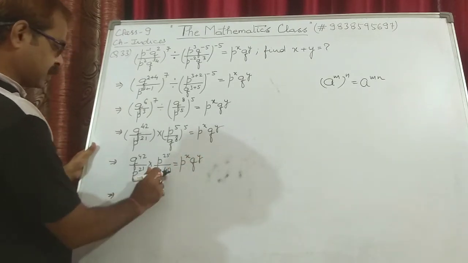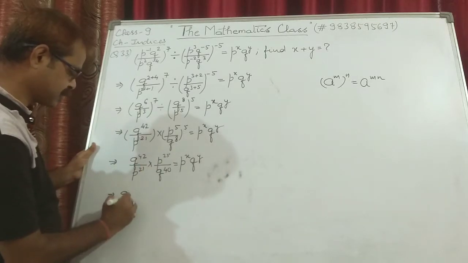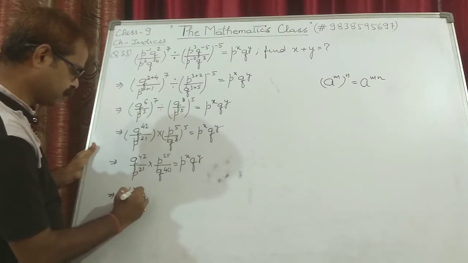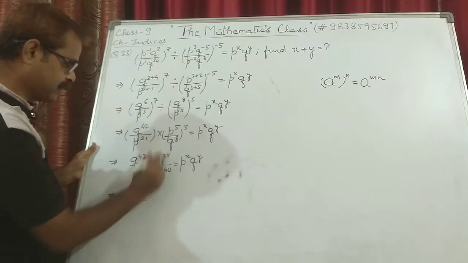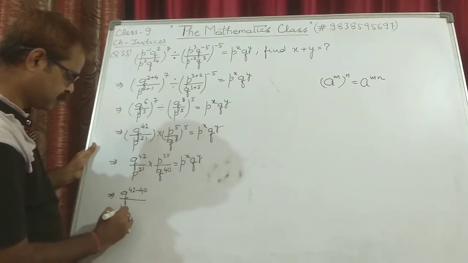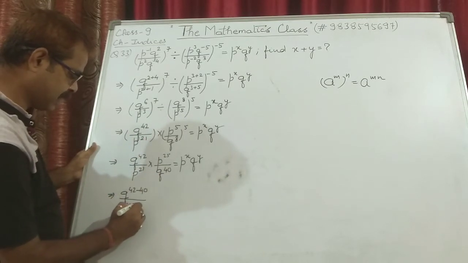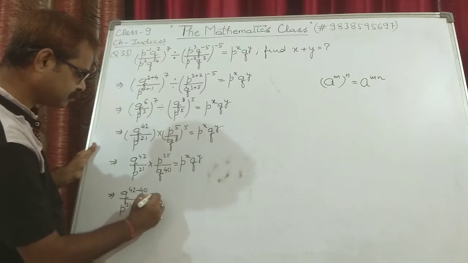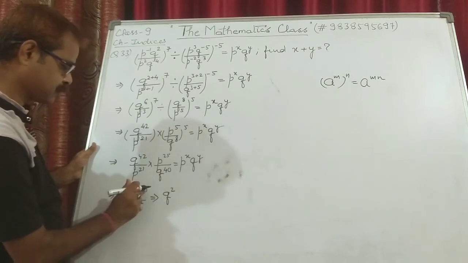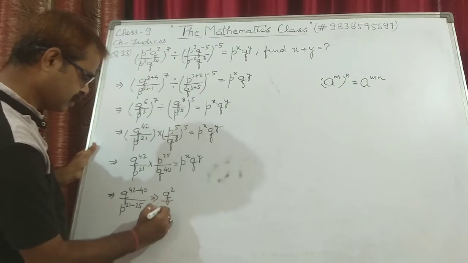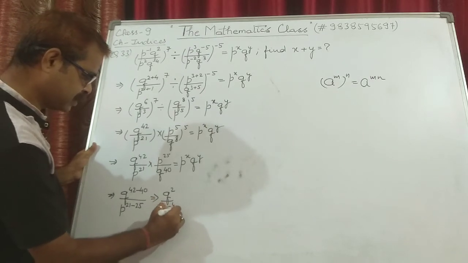This is 40, this is 42, it means this can be written as q to the power 42 minus 40, this goes to the numerator, and 25 comes to the denominator, so p to the power 21 minus 25, that will give you q to the power 2, 42 minus 40 is 2 upon p to the power minus 4.